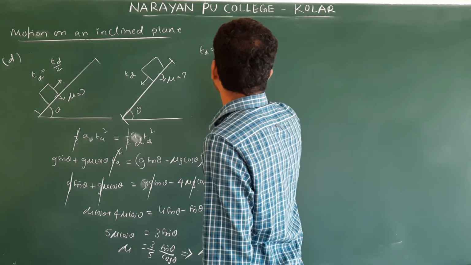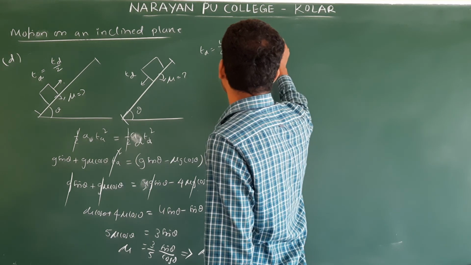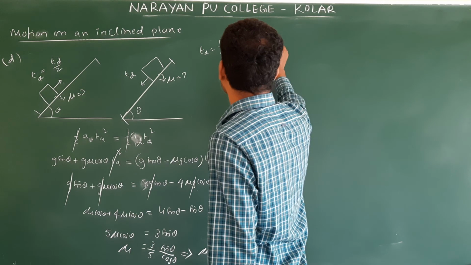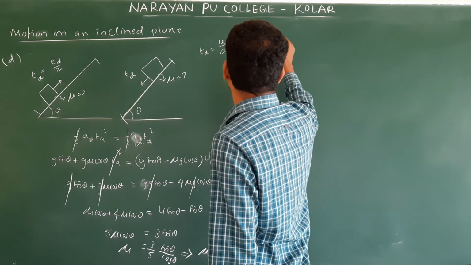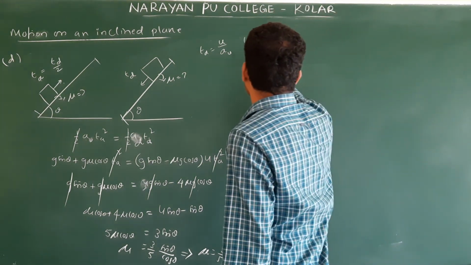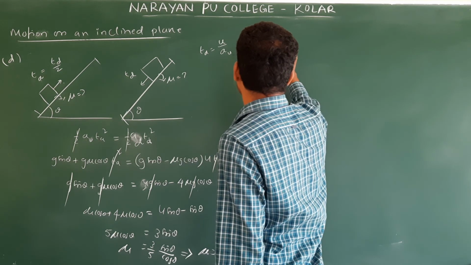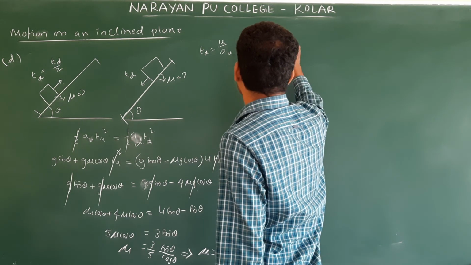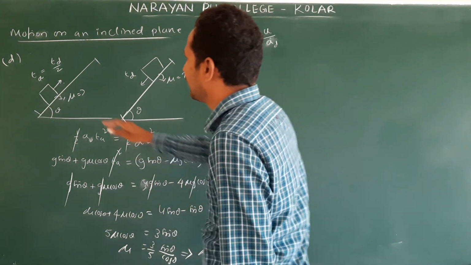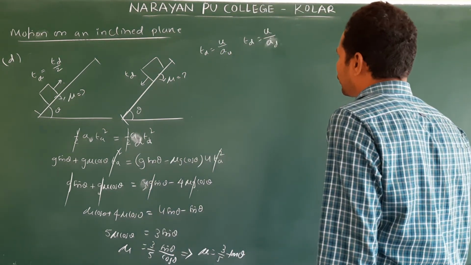Or if you follow this, here if we take TA is equal to U by A up, and TD is equal to U by A down. Clear? But these times are not equal, because the accelerations are different. So the given relation is this. If you check it, do we get the same answer?